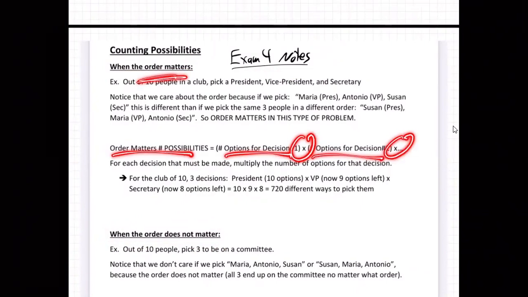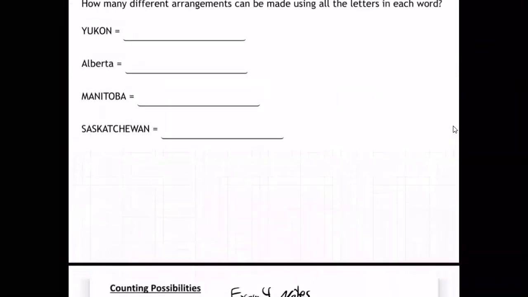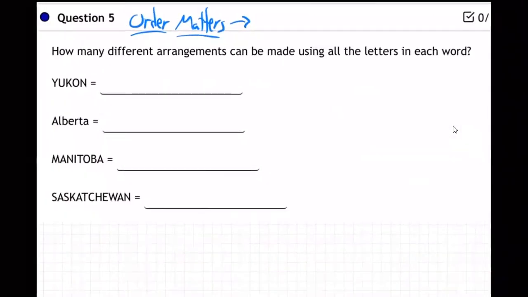It's decisions and options when order matters. If order doesn't matter, you do something different. But this is clearly order matters. So I'm going to be all about decisions and options. Specifically, I'm going to add to the notes for you a formula for letter arrangements.